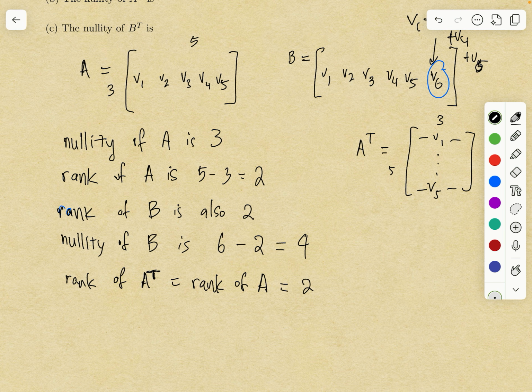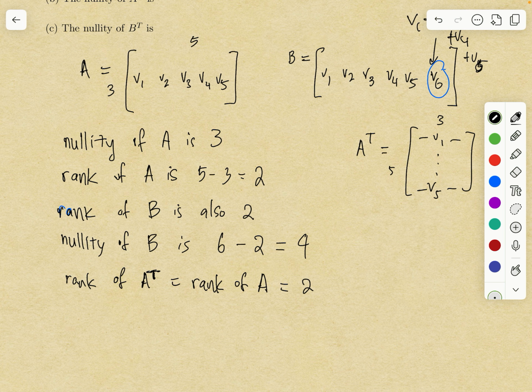They become the rows of A transpose. So when you look at the row space of A transpose, that's the column space of A, right? The column space of A is equal to the row space of A transpose. And so the dimension of the column space of A is the dimension of the row space of A transpose, because they're the same space.